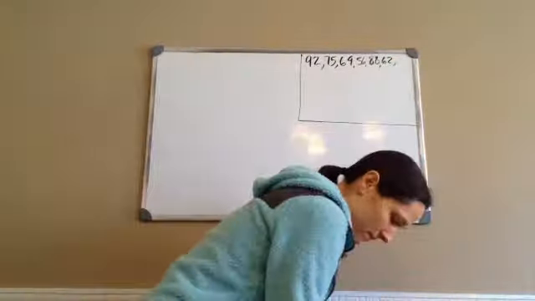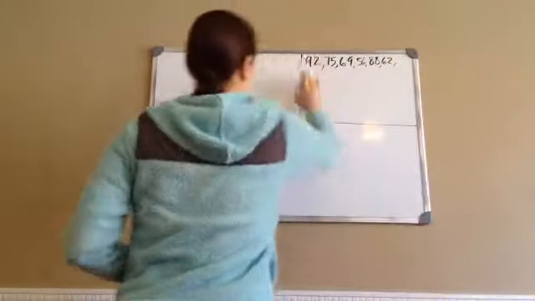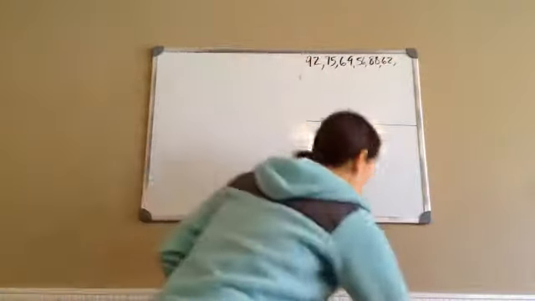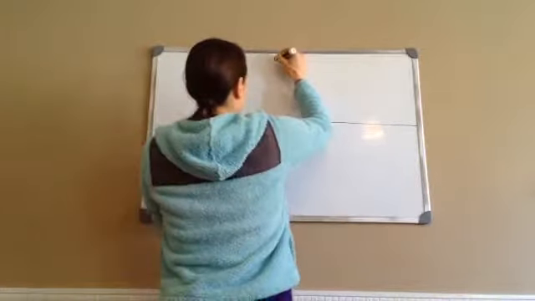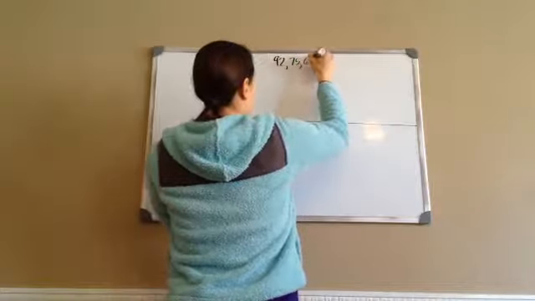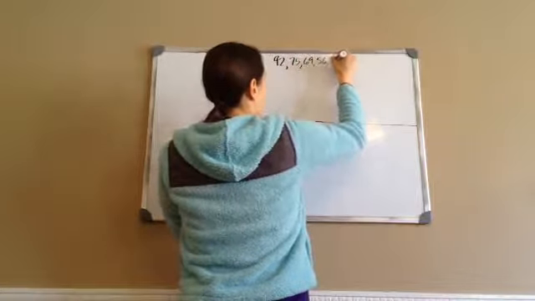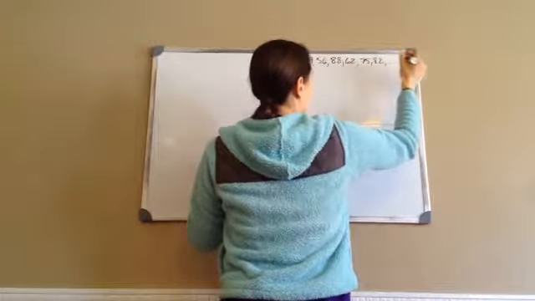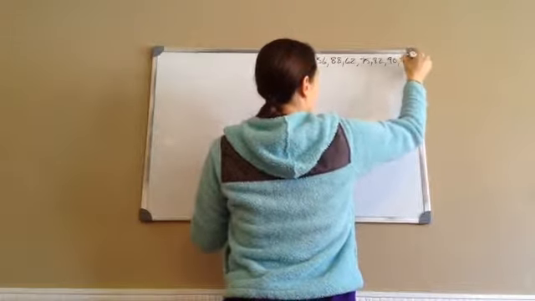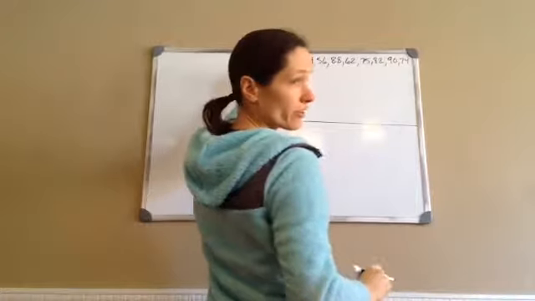Read these to me. Just start over. Okay. 92, 75, 69, 56, 88, 62, 75, 82, 90, 74, 65. Okay, did that end? Did it start with a new one? Yeah.